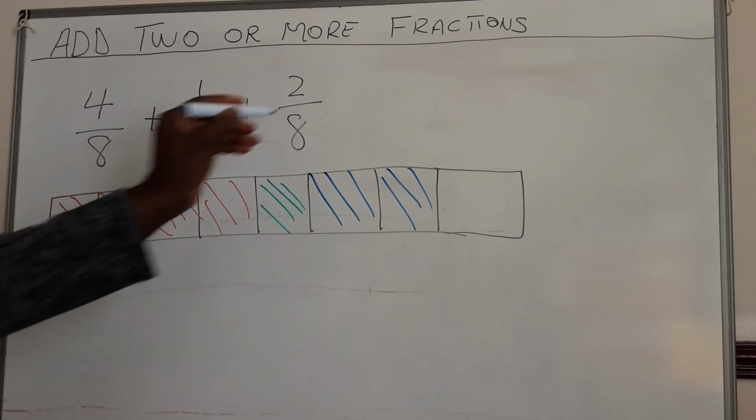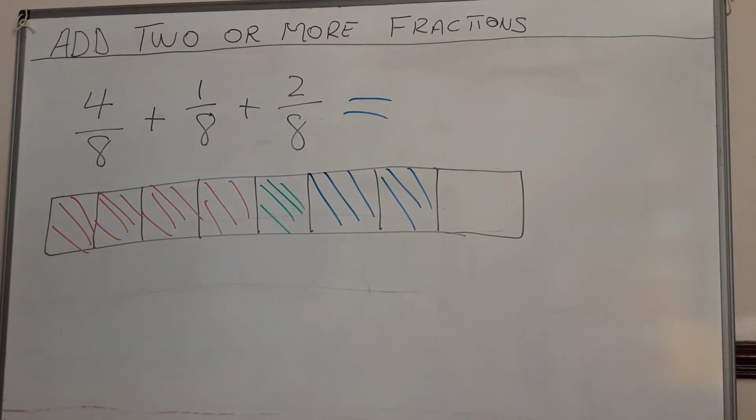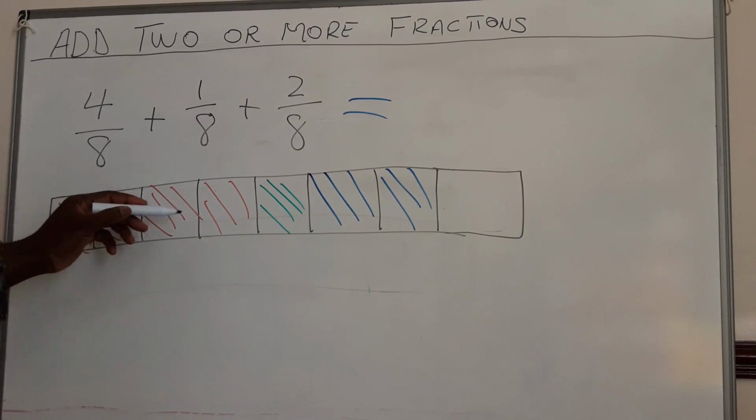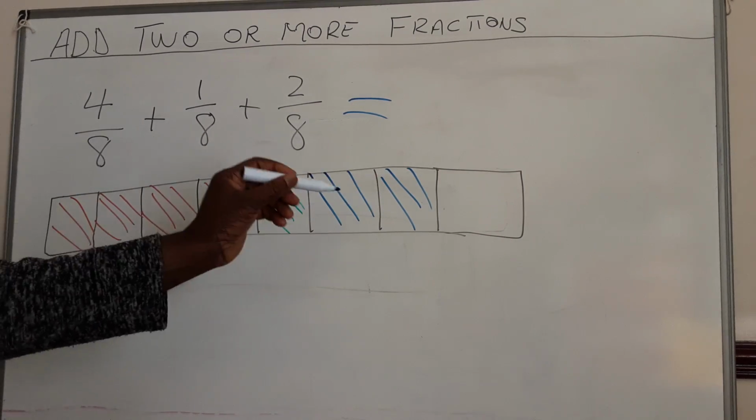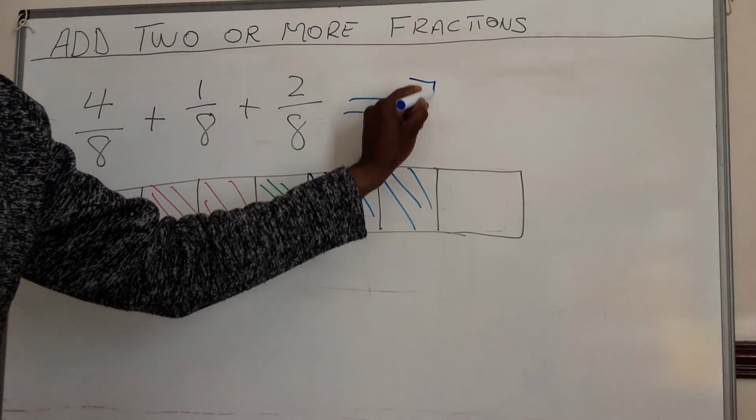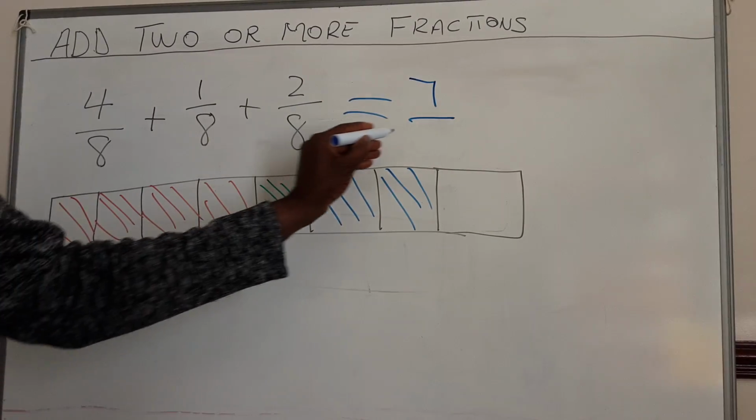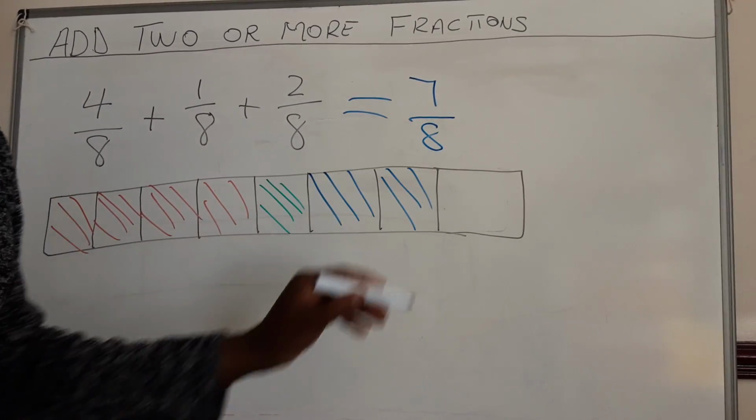So now we can count how many parts of the bar model are shaded. So let's count together. So we have 1, 2, 3, 4, 5, 6, 7. So we have 7, and the denominator is 8.